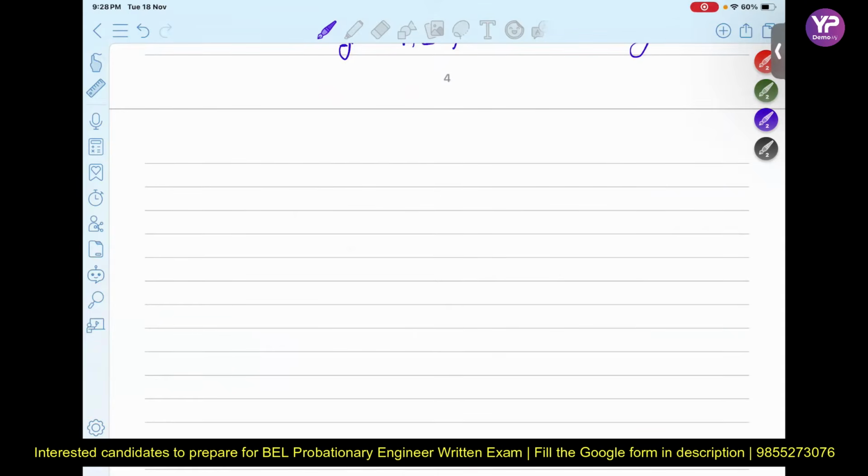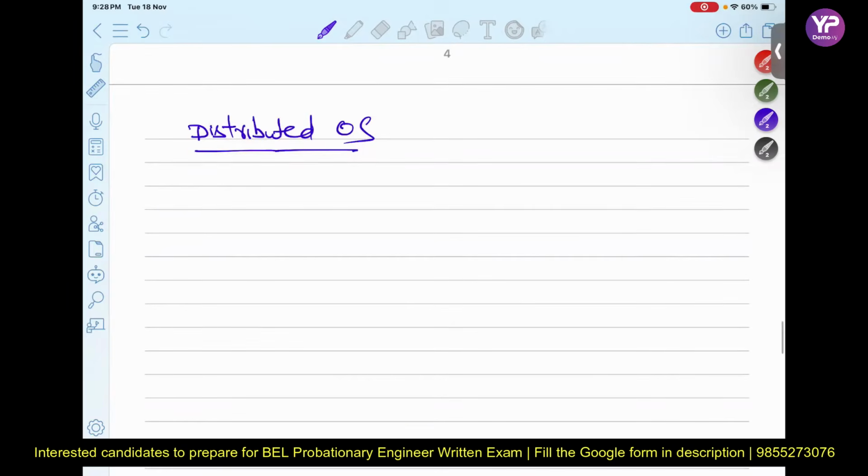One more is the distributed operating system. By the name also, when multiple computers or a group of computers are connected and they look like a single system to the user, then it is called a distributed operating system.